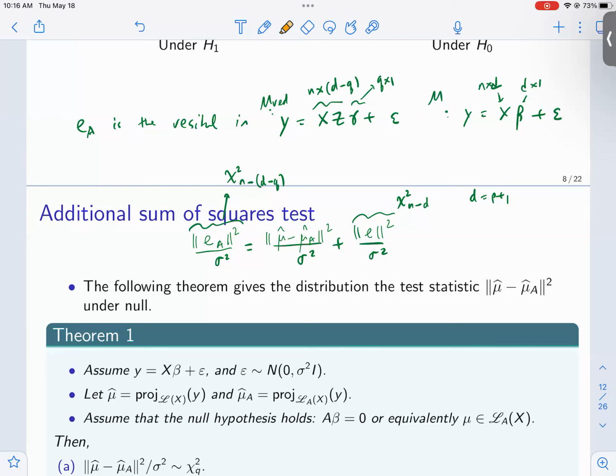That's a theorem in classical statistics. Does anyone know the name? It's called Cochran's theorem. We'll see.